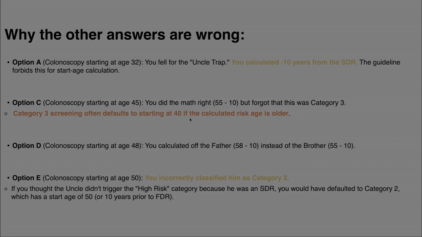Since 40 is earlier than 45, the correct answer is B, colonoscopy starting at the age of 40. Option E. You picked this if you ignored the uncle entirely and thought this was only category 2.